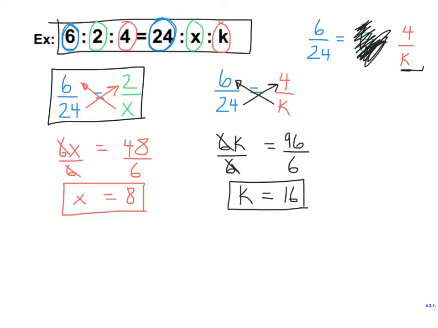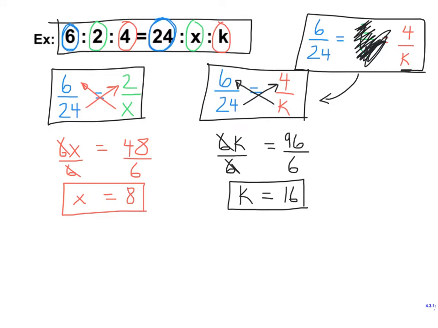And I would focus in on this fraction, 6 over 24, is equal to 4 over k, which is right there. All of those fractions are equal to each other. So I pick two fractions at the same time, make them equal to each other, and solve. What I do not want to do, once again, like I said, it is impossible if you kept these two fractions and tried to solve.